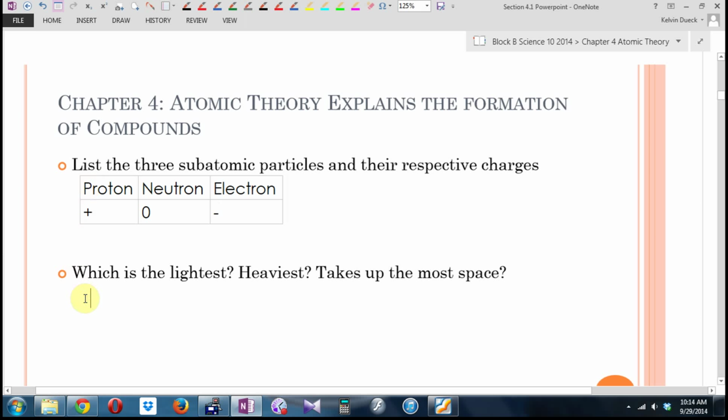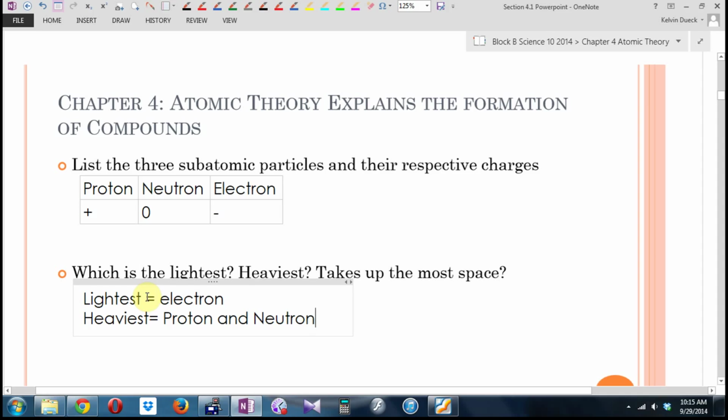Which one is the lightest? Which one is the heaviest? I'm going to give you a hint. It's a tie, sort of. It's both the proton and the neutron.